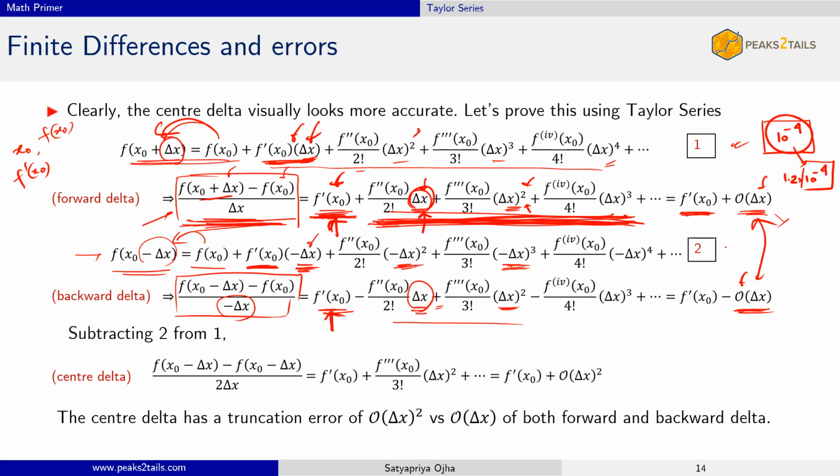So this is equation 2. This is equation 1. Now there is a typo. I will correct this. So this is plus. Subtract 2 from 1.